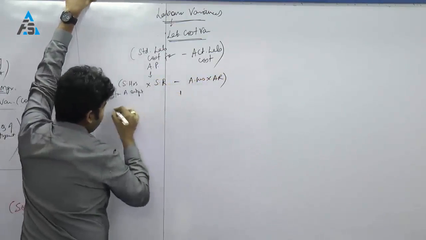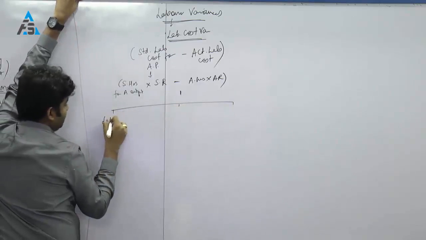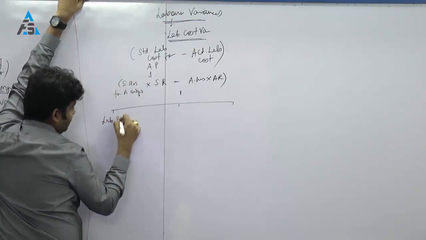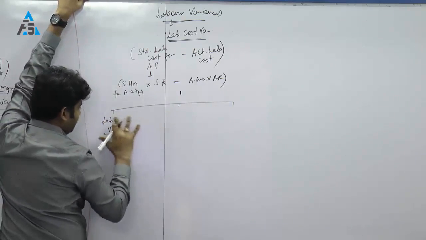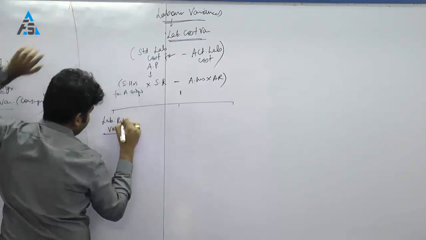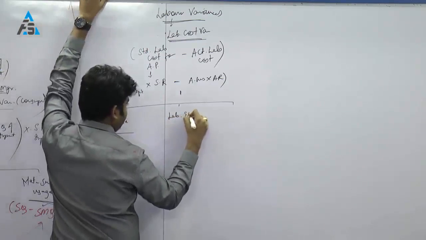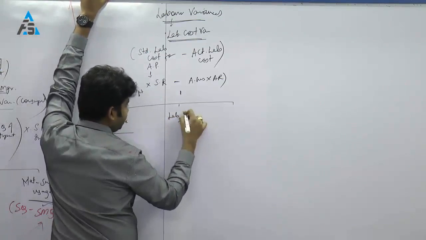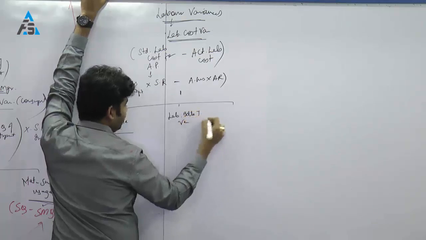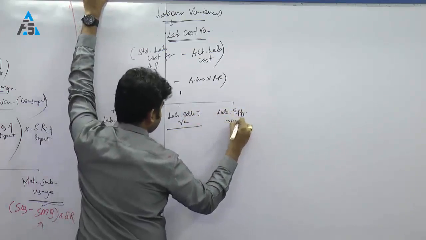This is further subdivided into three aspects. One is called labor rate variance, then labor idle time variance, and then labor efficiency variance.